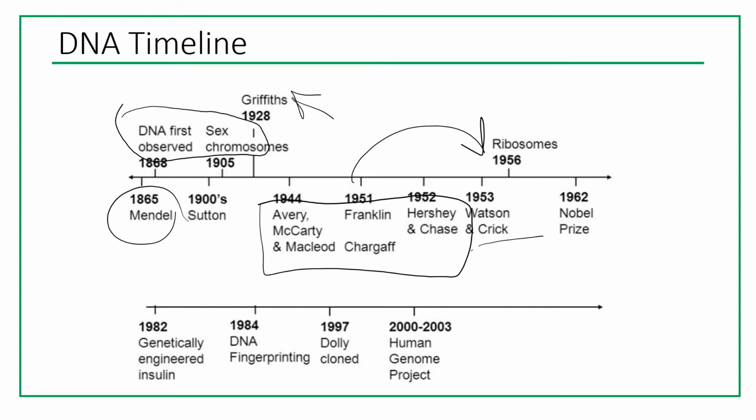And then Watson and Crick discovered the structure of DNA and got the Nobel Prize for their work. And you can see how our discovery continues from the 1960s, 1980s to today, and we're still learning more and more information about DNA.